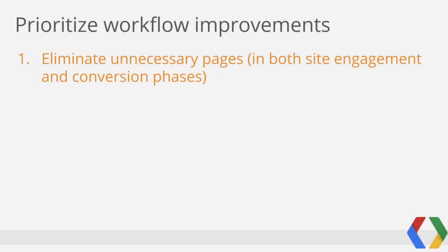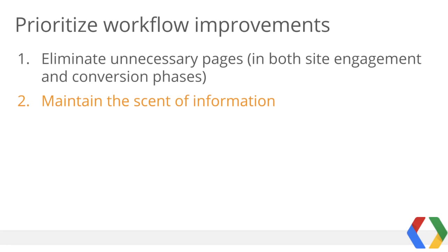Thanks, Tom. Most real users' workflow has many more twists and turns than this. Still, it's useful to put yourself in your user's shoes, like Tom's, to get a sense of what it takes for task completion. Now, to prioritize improvements in the workflow, first, eliminate any unnecessary pages. Check for extraneous steps that can be merged or removed in both the site engagement and the conversion stage.